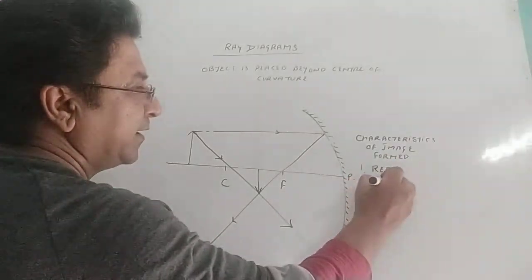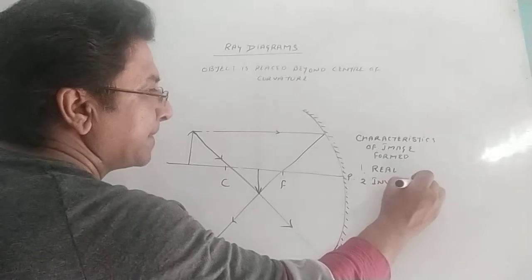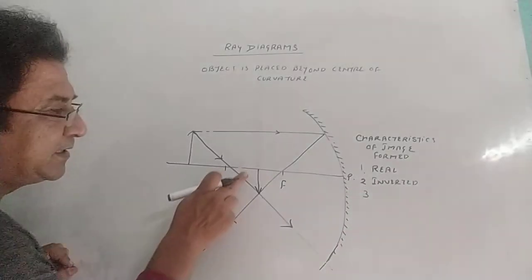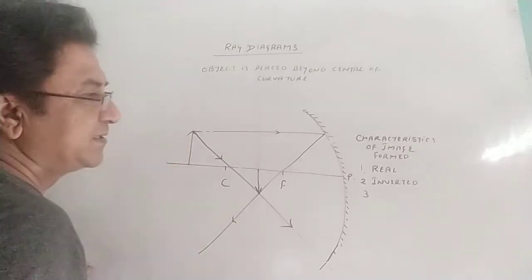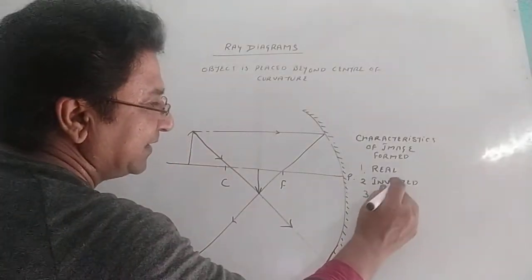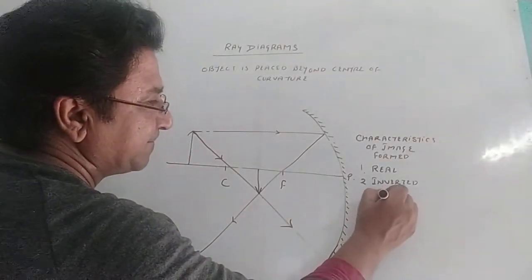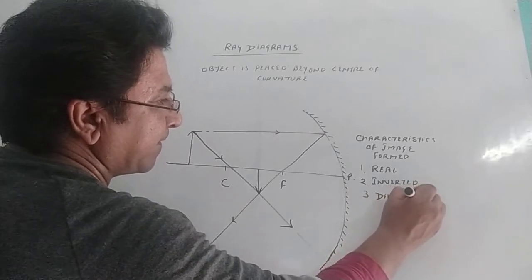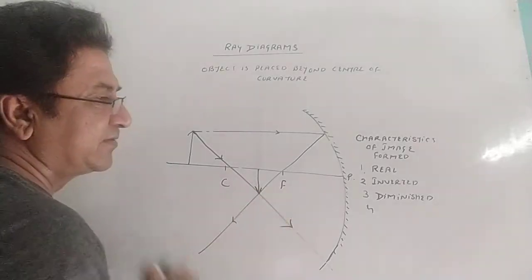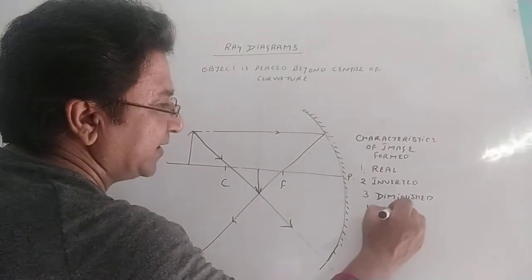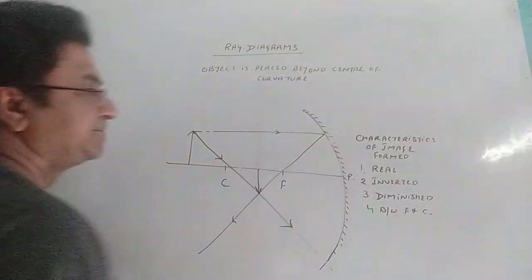Number 2, inverted. Number 3, real inverted. It is smaller in size compared to the object size. Smaller. We can write it diminished. And the fourth one is between center of curvature and focus. So between F and C.